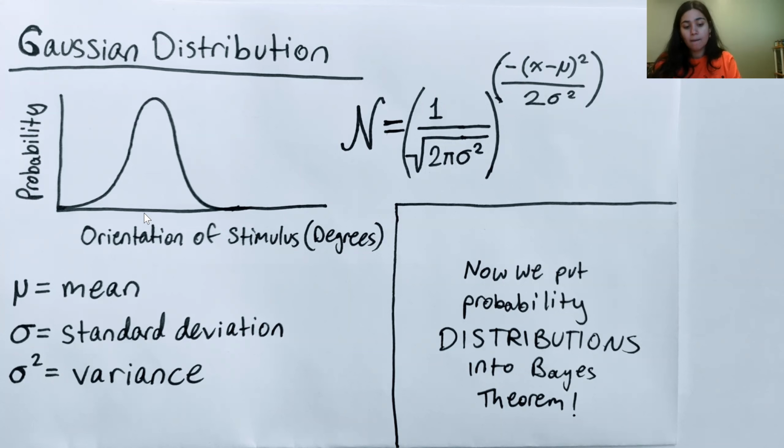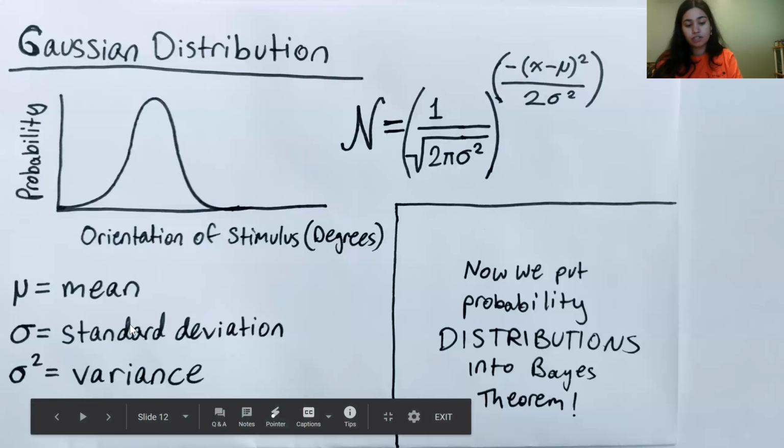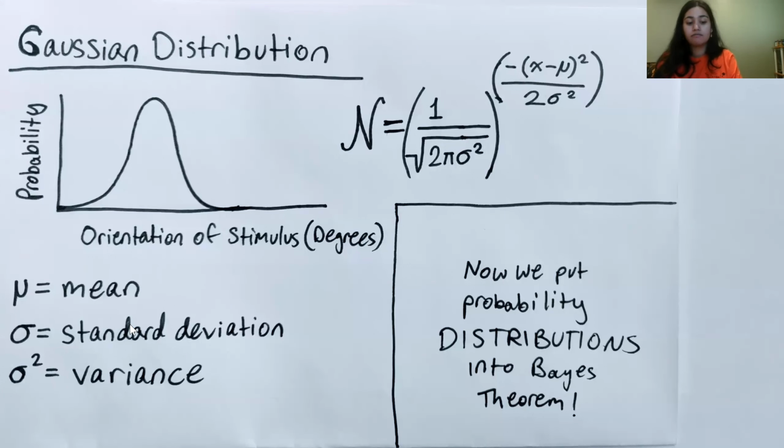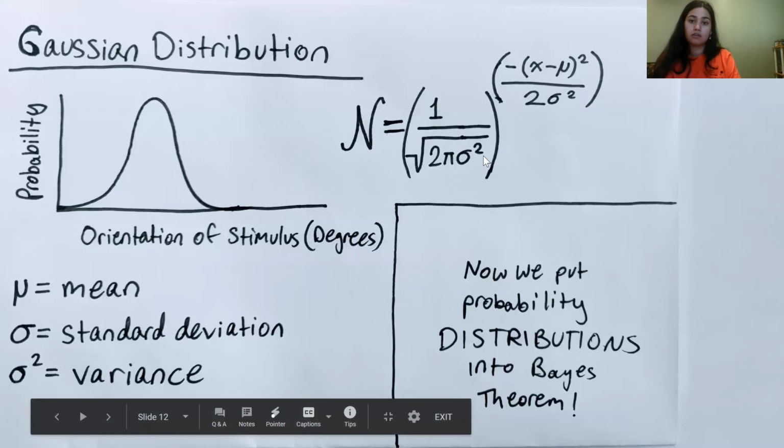The spread of the distribution is determined by a term sigma squared, which is the square of the standard deviation of how far away the values are from the mean, and this squared standard deviation term is called the variance.